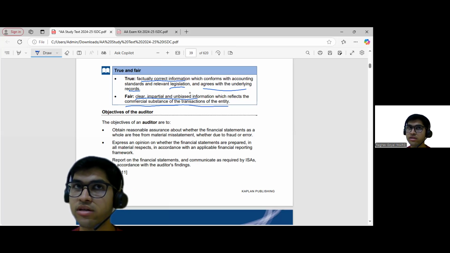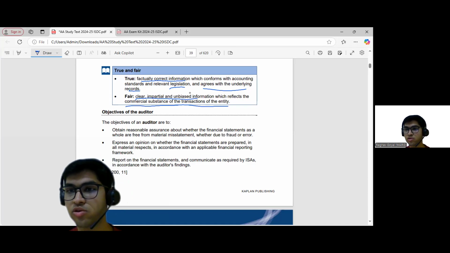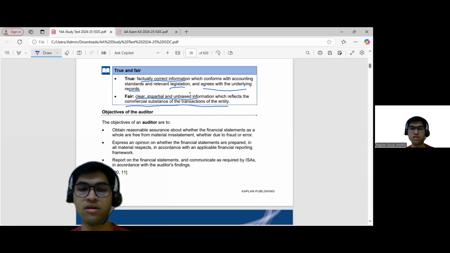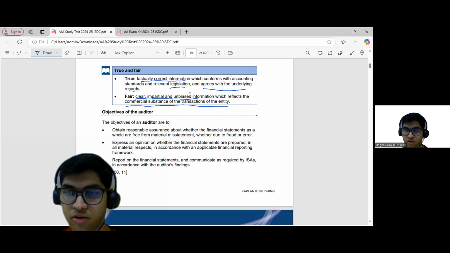So it is important for us as auditors to check whether this has been represented in the correct and right manner that it should have been, instead of showing it in a partial and manipulative way. It should represent the commercial activities, the true substance of the transaction. It should not show it in a way for which it doesn't stand. So that's what true and fair basically means. You'll be hearing it a lot.